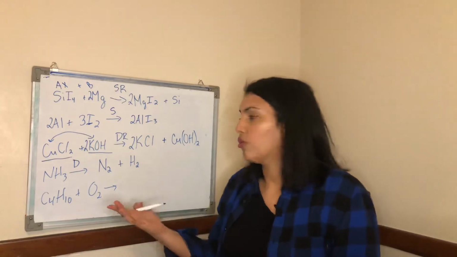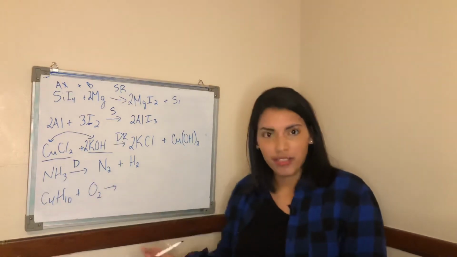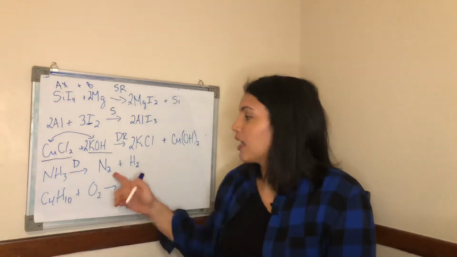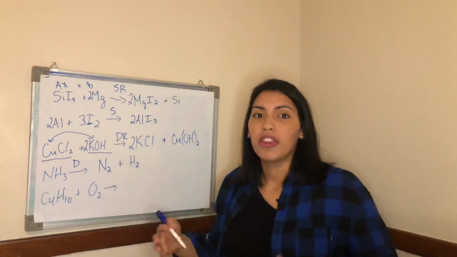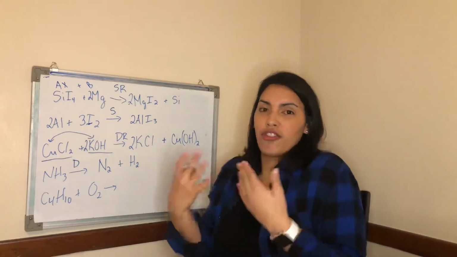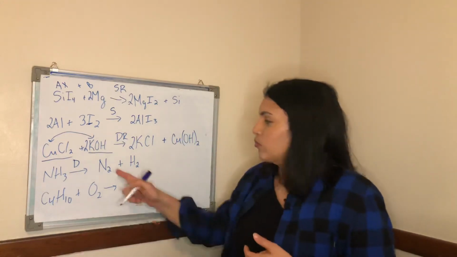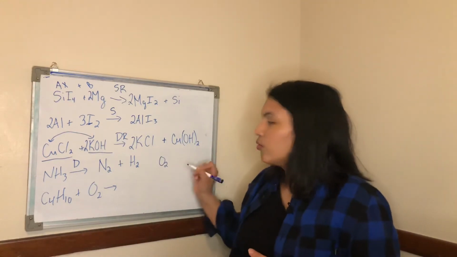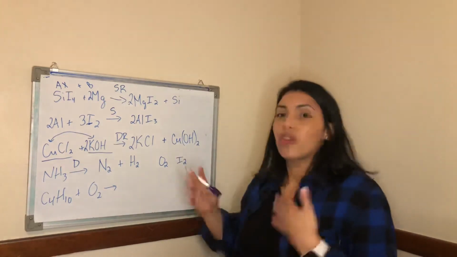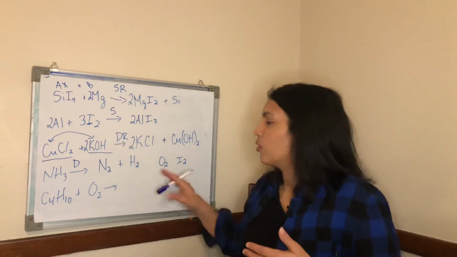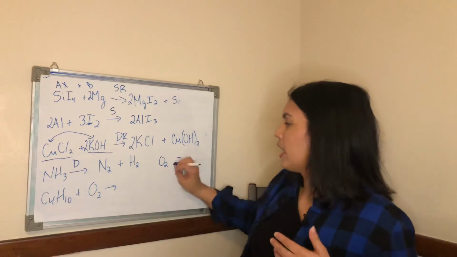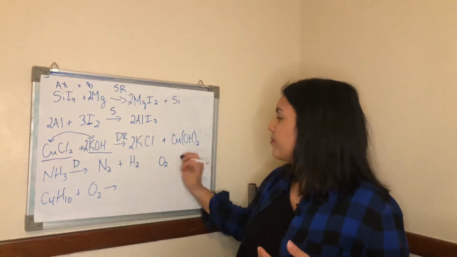I want to make this note that nitrogen is a gas, hydrogen is a gas. So non-metal gases, they are diatomic. That means that when they exist by themselves, they're always partnered with another atom. So oxygen is always O2, iodine is going to be I2, right? So all of the non-metal gases will always be diatomic. So you always start by putting them with 2. That's before you balance.